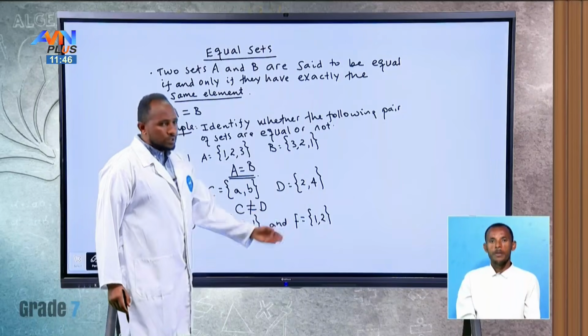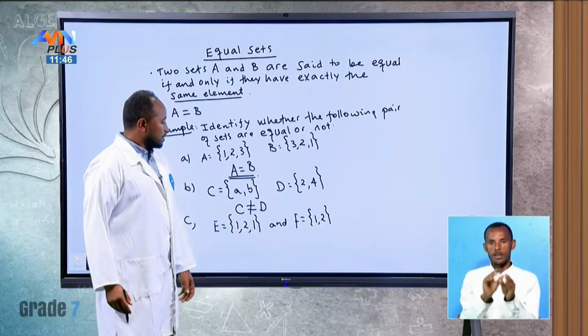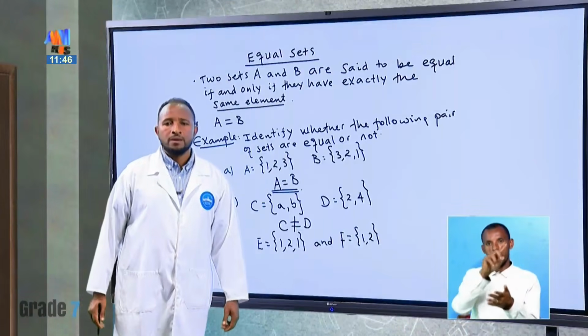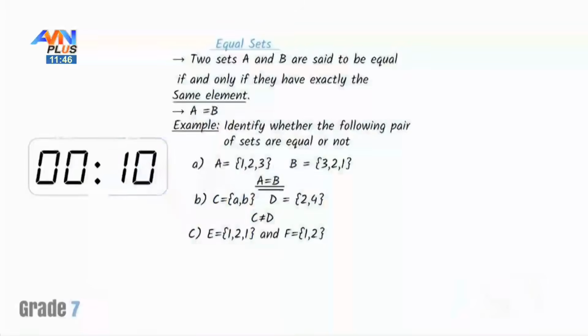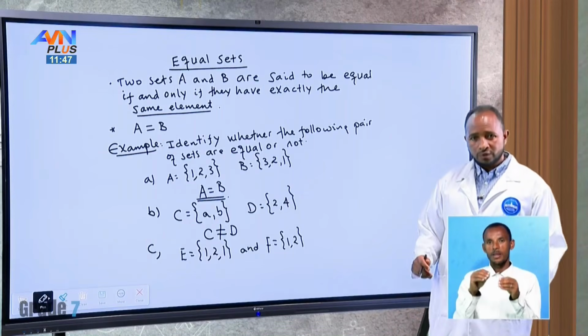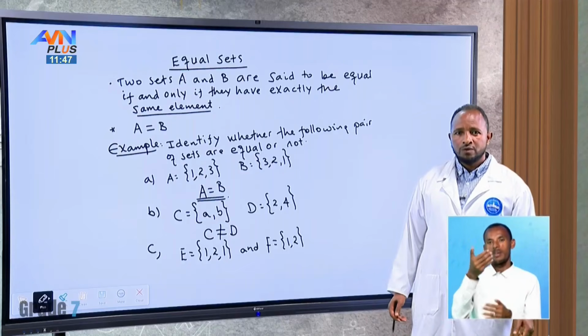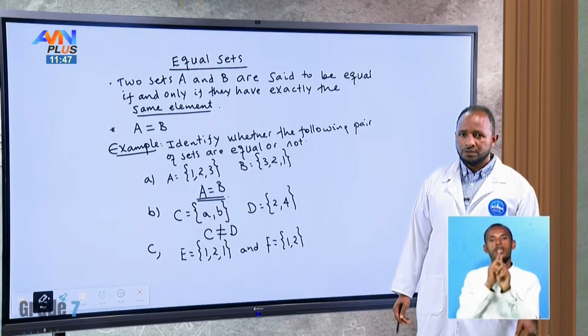Are these two sets equal sets? Please try this question. I'll give you 10 seconds for this. Students, have you tried the question? Very good. Now, let's see the answer together.